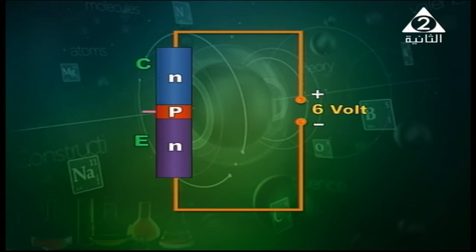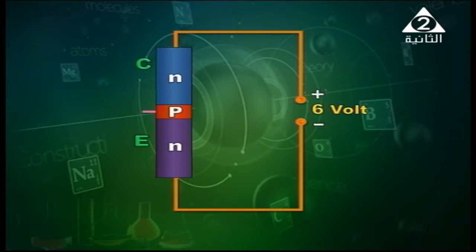As you see, a potential difference of 6 volts is applied across the NPN transistor. You can see that the base is unconnected. So no current passes through the transistor in this case.